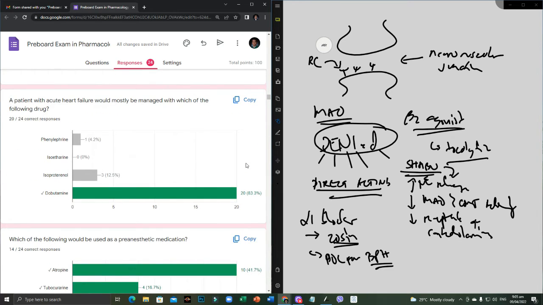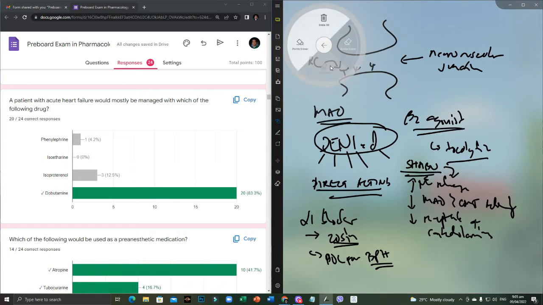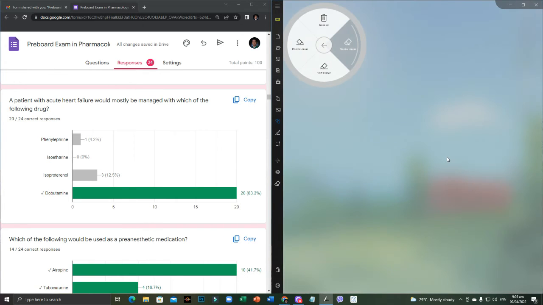Next question. A patient with acute heart failure would mostly be managed with which of the following drugs? So very good. There are two drug classes we can use for heart failure. The other drug is dobutamine, which is an inotropic drug.